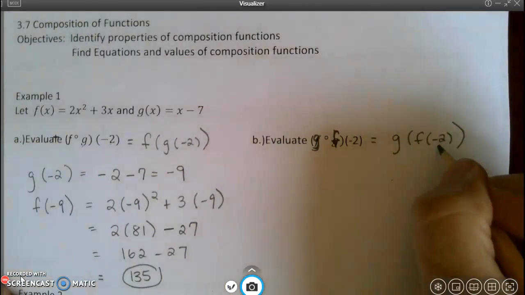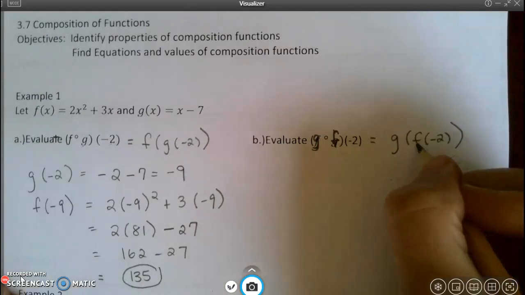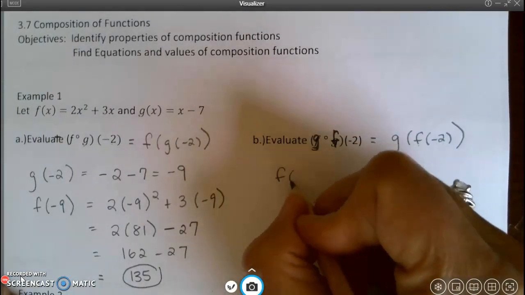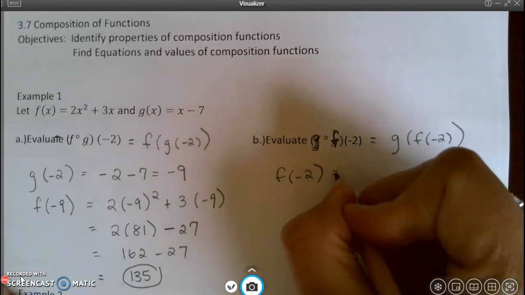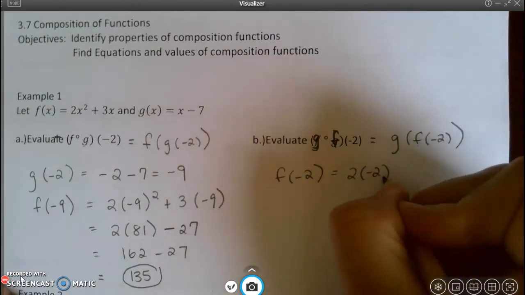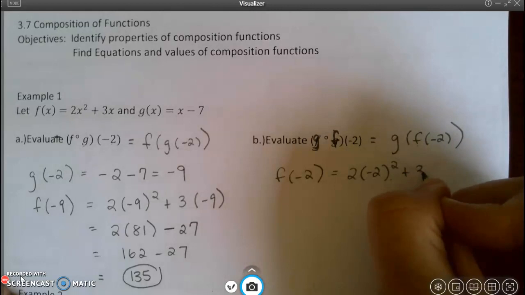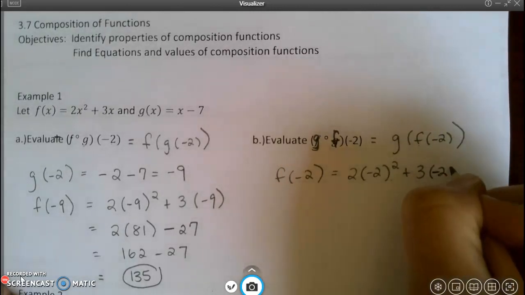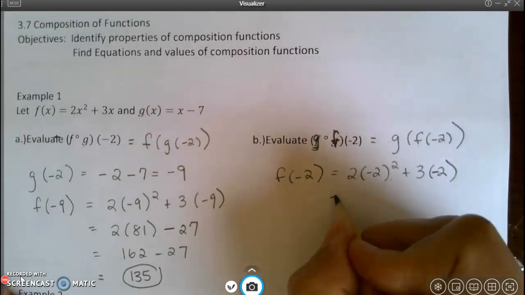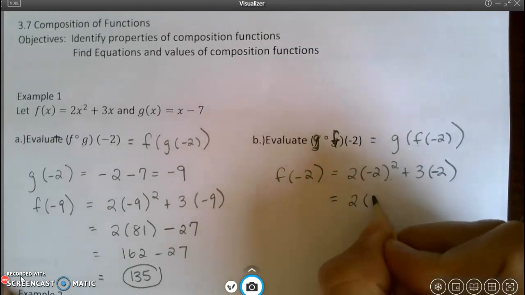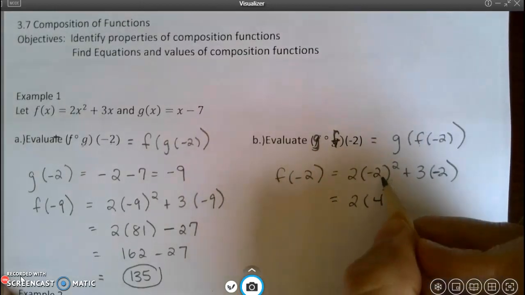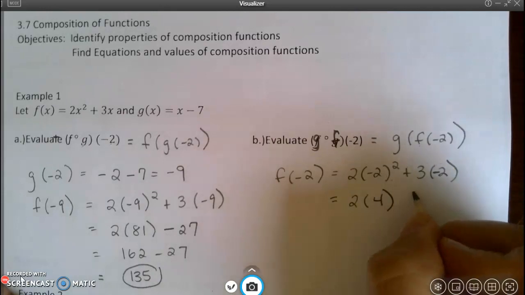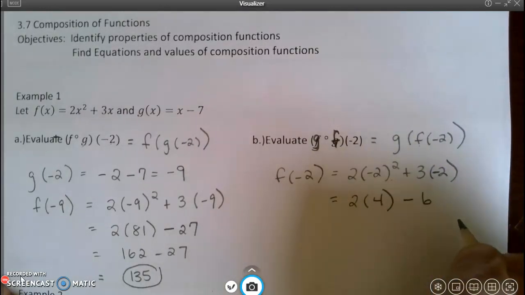So I'm putting the -2 into the f function first. So f at -2 is 2 times -2 squared plus 3 times -2. So I get 2 times 4, and that is a positive 4 when you square a negative, and this becomes -6.